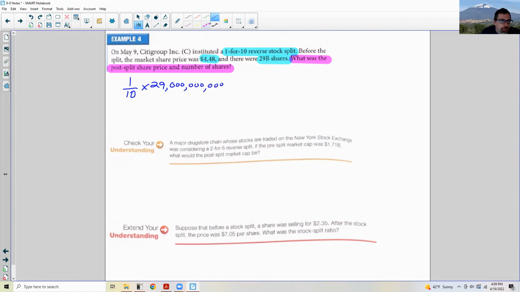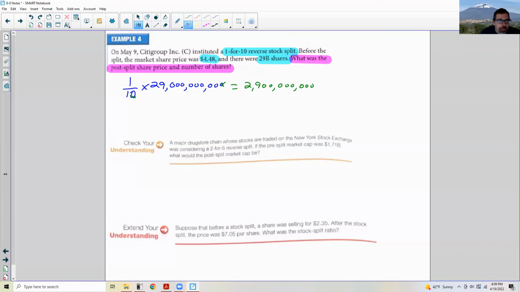And so obviously when you multiply by a fraction, or divide by 10, you're getting rid of a 0. Okay, so the answer is going to be 2,900,000,000. Okay, that is the number of shares.